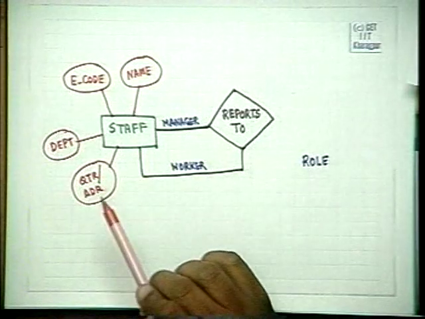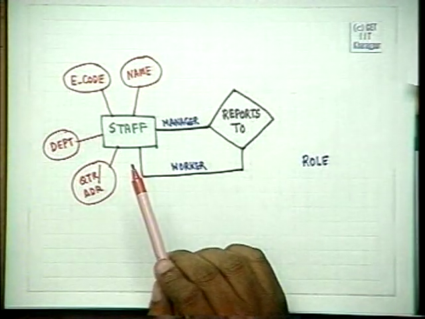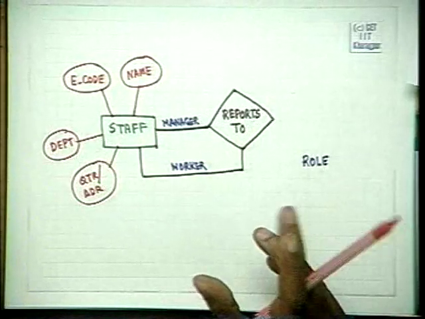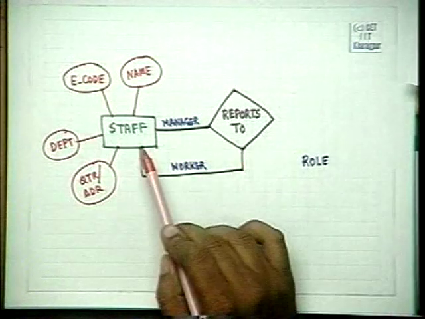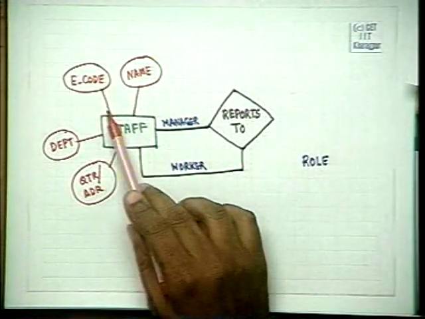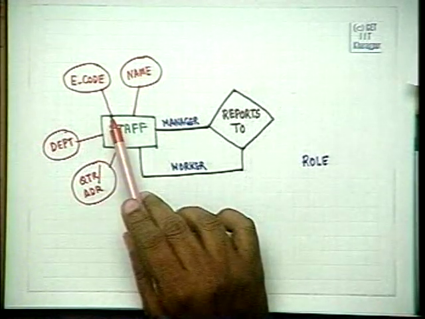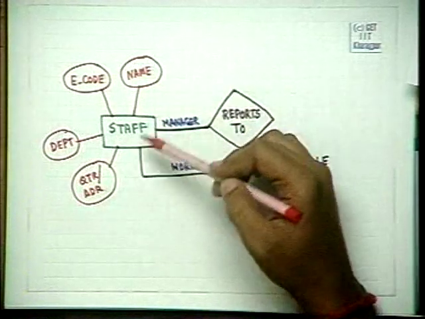Now if some students also participate in activities in such a way that they also report to this staff, then either we will have to have an entity which encompasses both students and staff, or we will have to have a different relationship between student and staff with a different reports to relationship. Any one of them we will have to take into account. The same one cannot be used, because this is a participatory relationship between these two. And you cannot say sometimes this will be staff and sometimes this will be student.